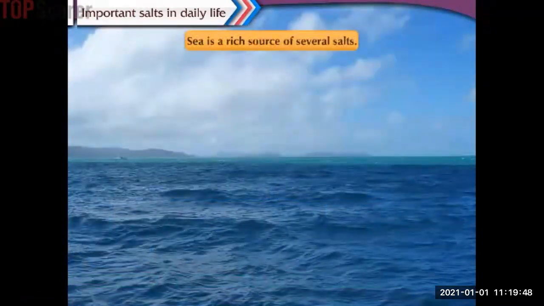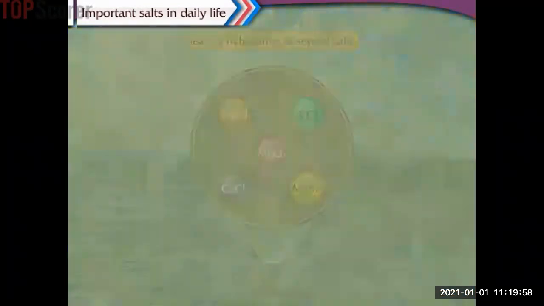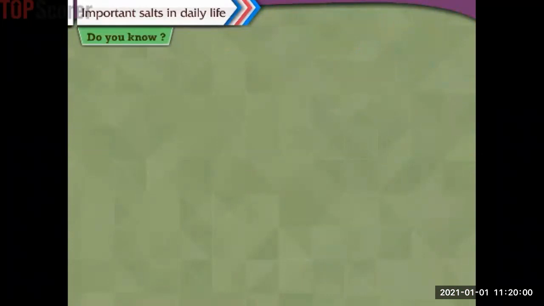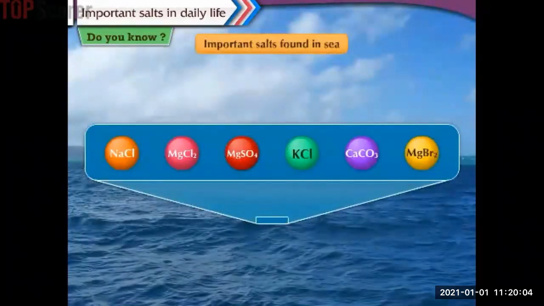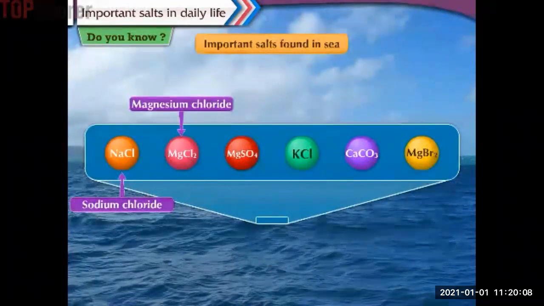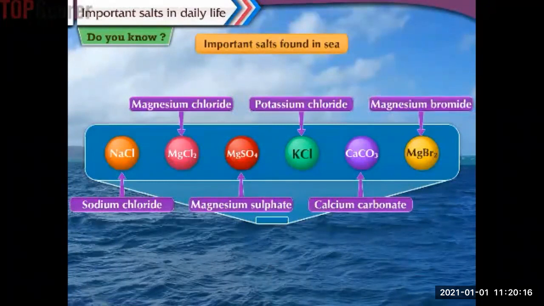Sea is a rich source of several salts of various elements such as chlorine, sodium, magnesium, potassium, calcium, bromine. Do you know? Some of the important salts found in seawater include sodium chloride, magnesium sulfate, potassium chloride, calcium carbonate, and magnesium bromide.